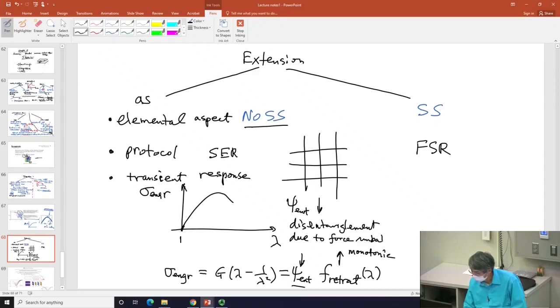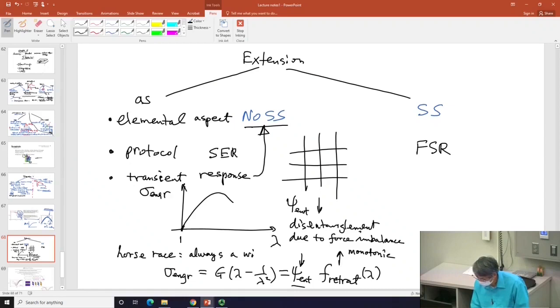There's force imbalance. Okay, so this actually is one way to explain what's going on. I think it's too weak to say there's a horse race because there is always a winner in this case.